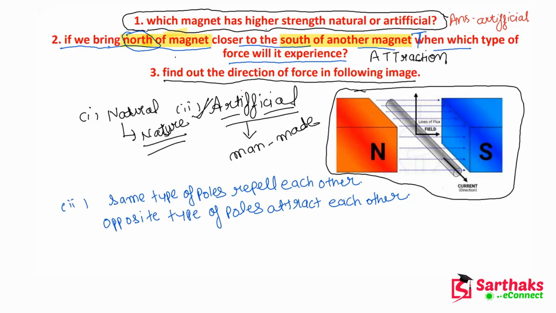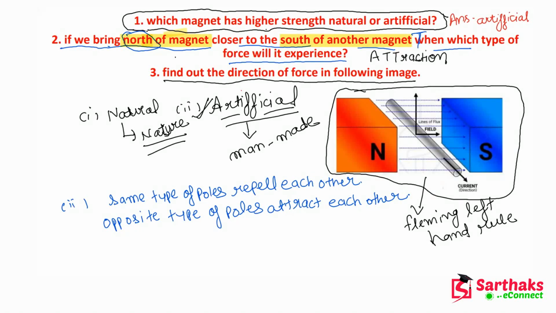Whenever a magnetic field is applied and a current-carrying conductor is inside the magnetic field, to find out the force, we have to apply Fleming's left hand rule.